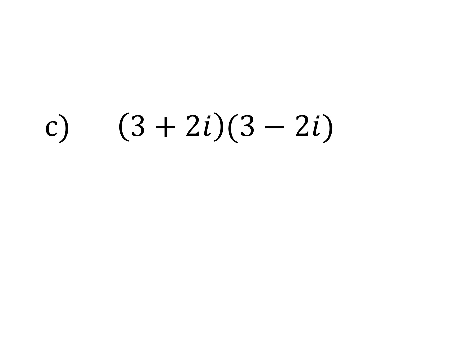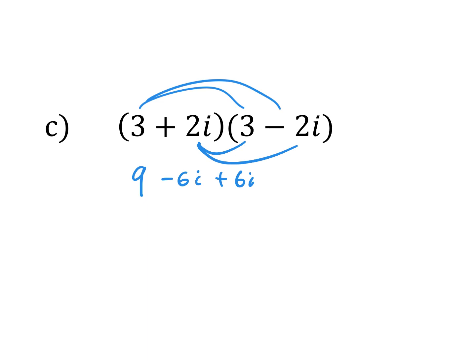Let's distribute. 3 times 3 is 9. 3 times negative 2i, that is, 3 times positive 2i. And positive 2i times negative 2i is negative 4i squared. Well, what happens in the middle there? Those are going to cancel, right? That's pretty handy. And 9 minus 4i squared, now this is 4 times negative 1, right?